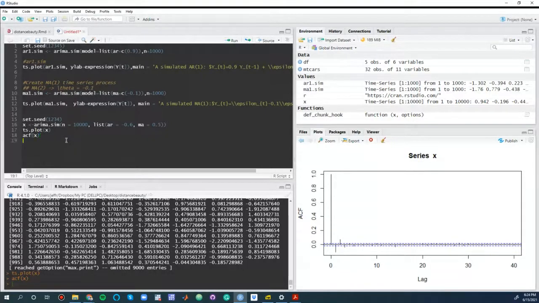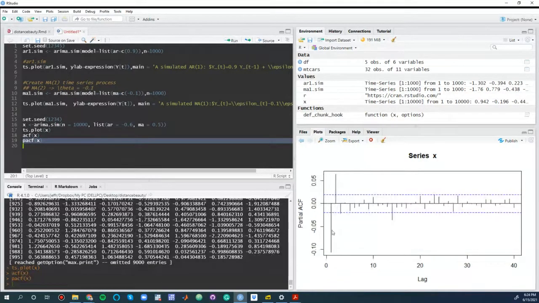And then what about the PACF? The PACF will look like this. And that pretty much is the whole structure of this problem set.